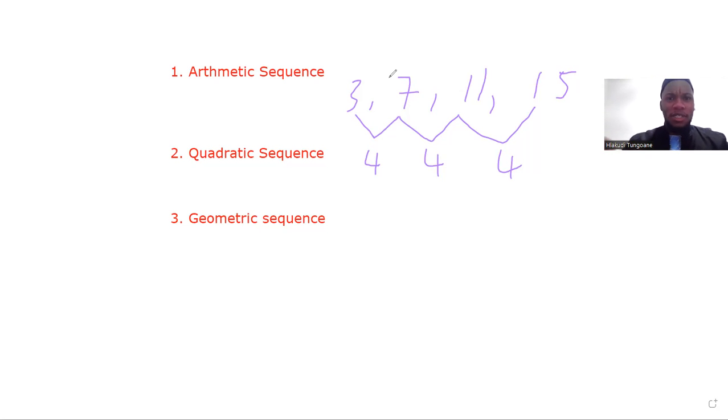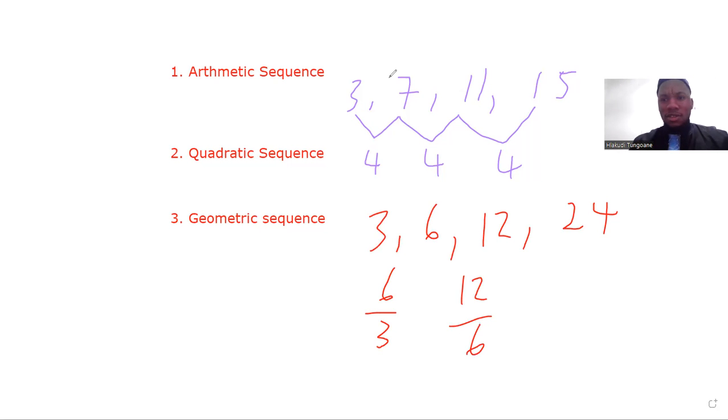If I show you an example, let's say we have a sequence that starts at 3, then 6, then 12, then 24, right? If you take the ratio of consecutive terms in this sequence, you get 6 divided by 3, then 12 divided by 6, and then 24 divided by 12.